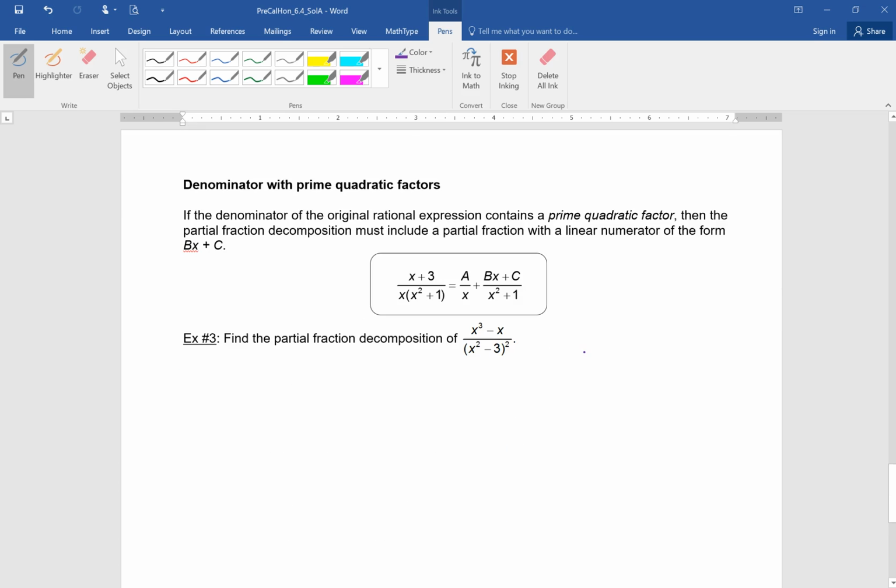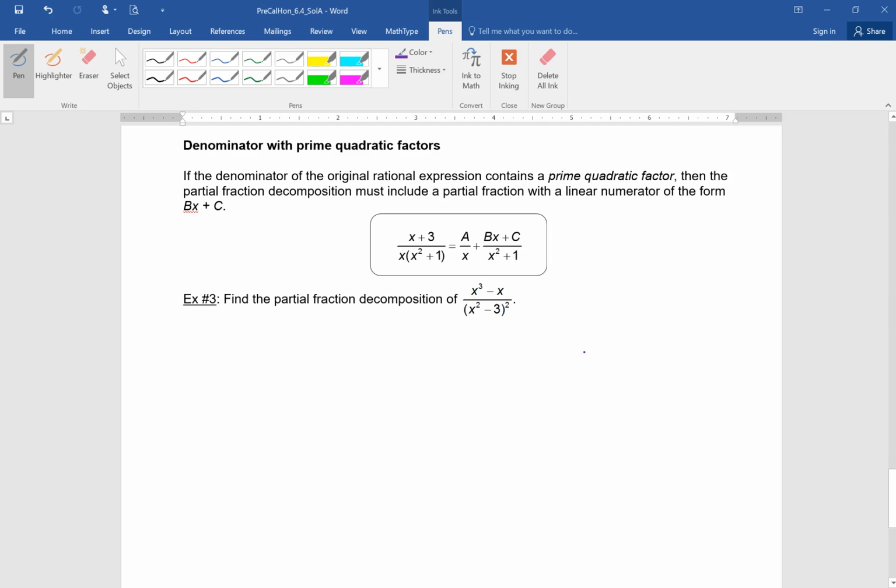Now, the last case is if you have a denominator with prime quadratic factors. So in each case, you just factor the denominator and you see which of the 3 cases it matches with, and you follow the steps accordingly. Now, in this case, when you have a prime quadratic factor, one of the factors here is x squared plus 1.